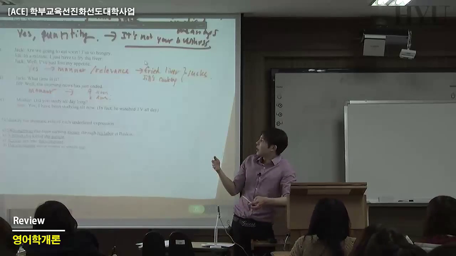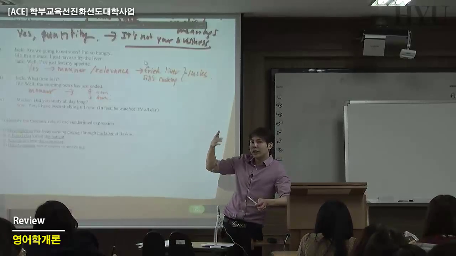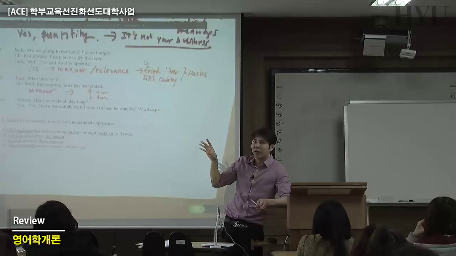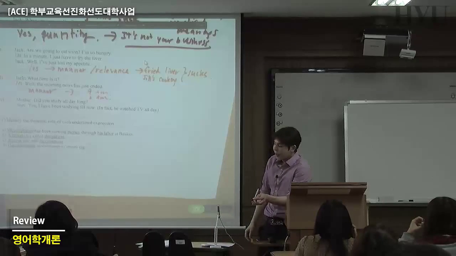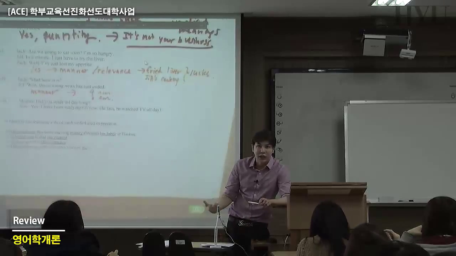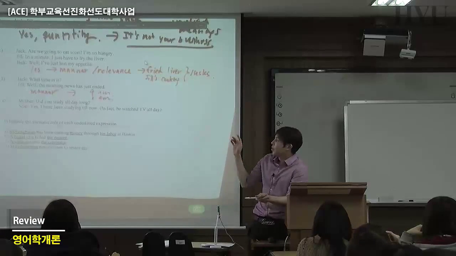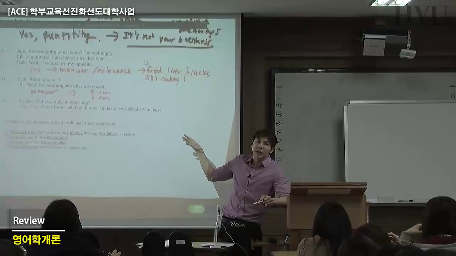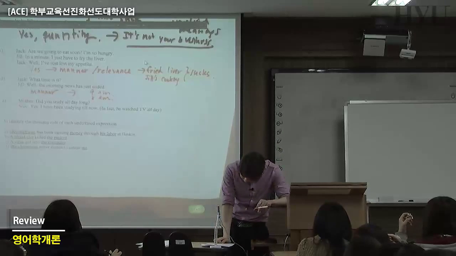Because the morning news should come on TV and end at about the same time every day. So she uses that as the way to tell the time, to imply the meaning, because it's not clear what time it is. Okay.